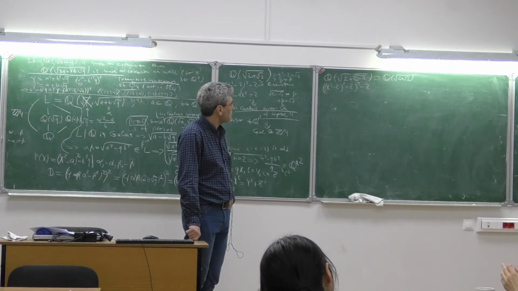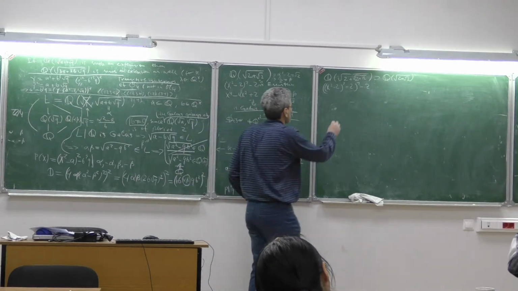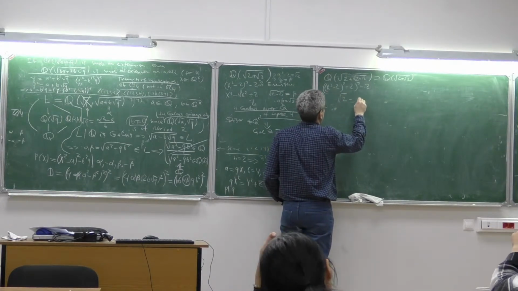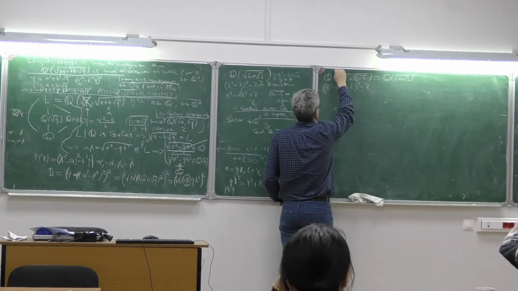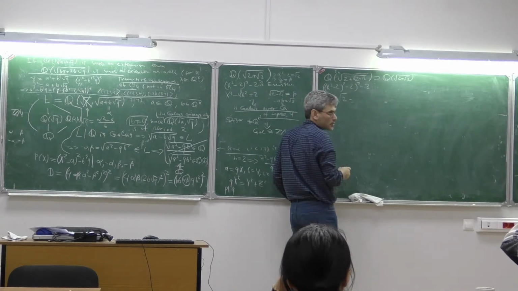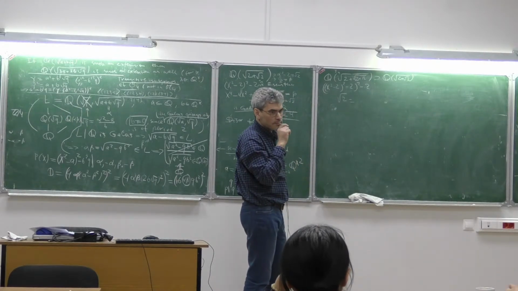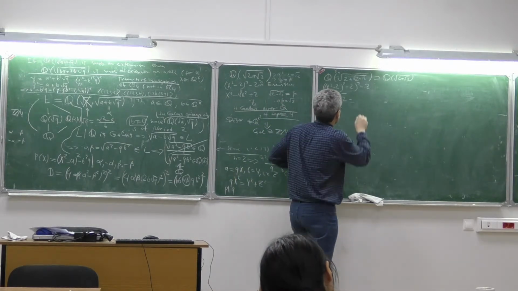I mean, the only non-obvious root is the square root of 2 minus, I mean the big square root of 2 minus square root of 2.